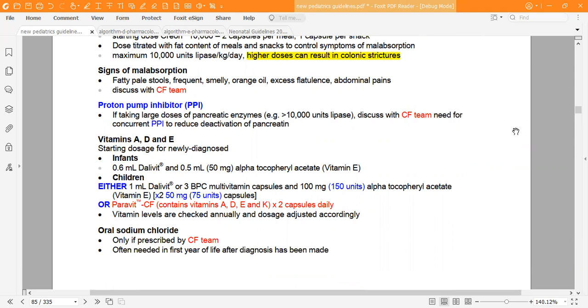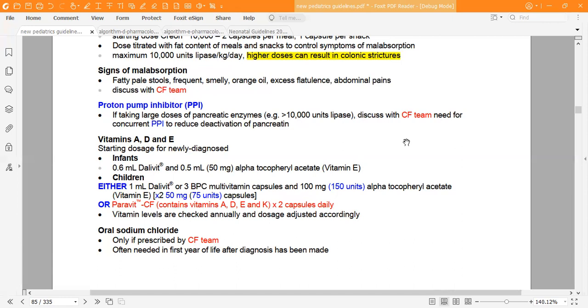So that's another important point in here: if the child takes a large dose of pancreatic enzymes, which is more than 10,000 unit lipase, you have to discuss with the cystic fibrosis team if he needs to take a proton pump inhibitor to reduce the inactivation of pancreatin. Okay, that's very important.